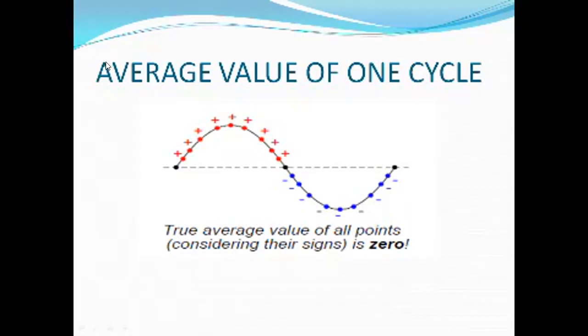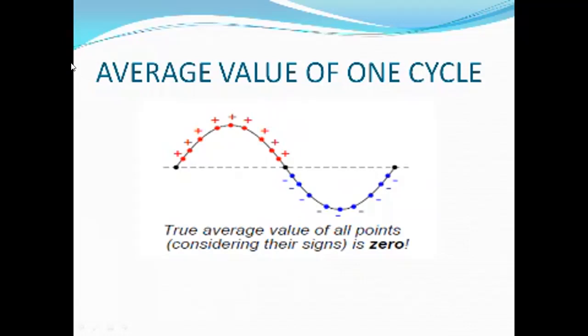Now, an alternating quantity is composed of a positive half cycle and a negative half cycle. One complete cycle constitutes a positive half cycle and a negative half cycle. Now if we find the average value for all the points, that is, for the positive half cycle as well as for the negative half cycle.